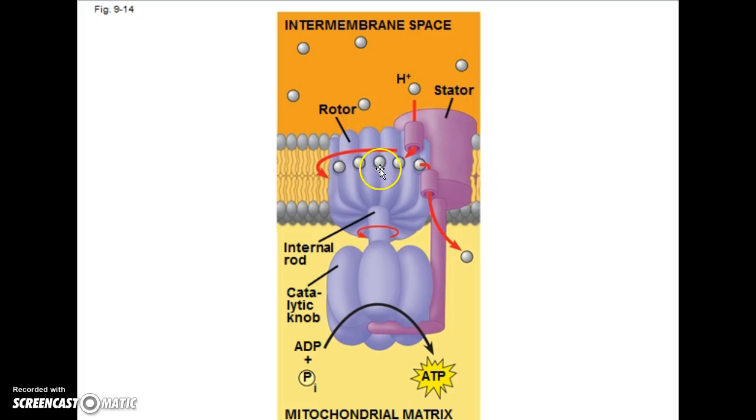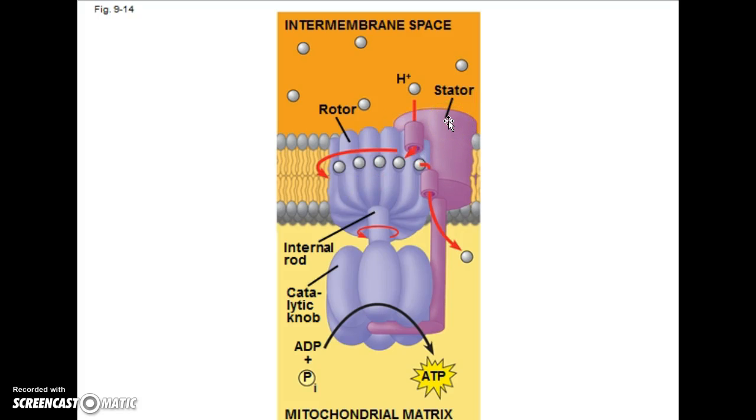As you can see, it's embedded in the membrane of the mitochondria, specifically the inner membrane. And this image illustrates the hydrogen ion concentration gradient that once again was created during that electron transport chain. Hydrogen ions then move back across the membrane, passing through channels right here in the ATP synthase.